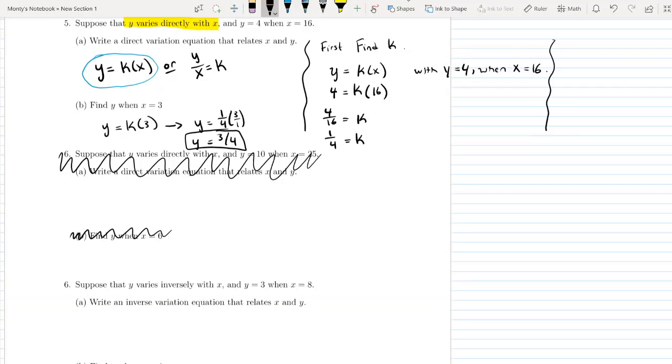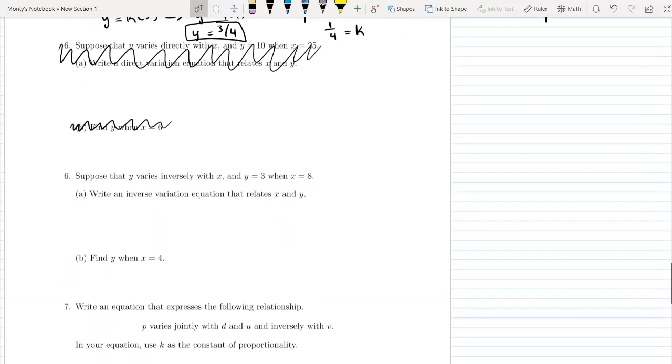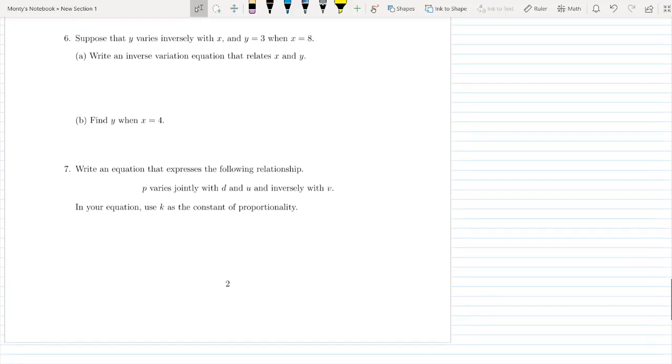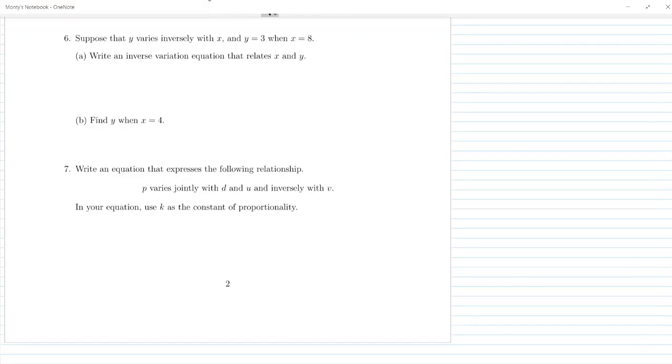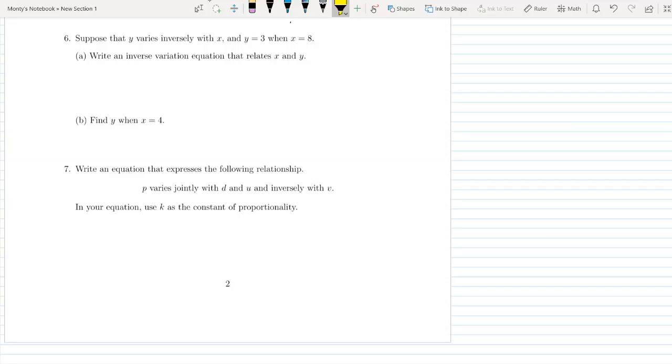Okay, so in a similar manner, let's look at this down here. Don't pay any attention to number 7. We'll do that one here in a second. But again, the first part here is telling us what variation equation we're going to use. And we're going to be using it when y varies inversely with x.